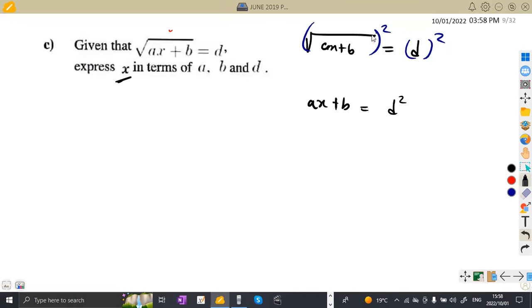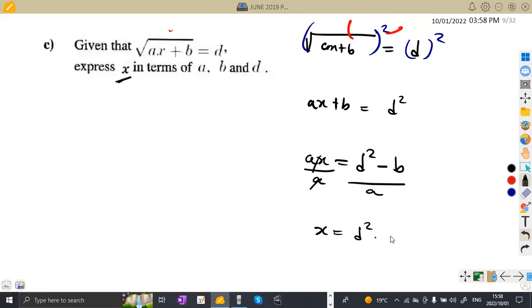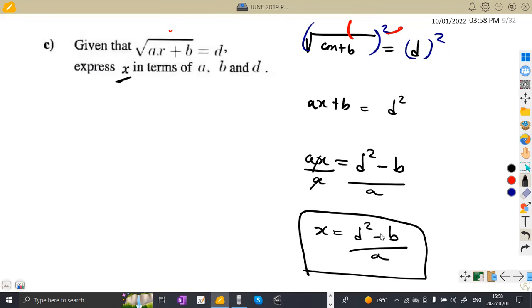So here we are neutralizing the square root and the square together. So from this part, ax is equal to d squared minus b by transposing the b to the other side. So to find x, we can divide by a both sides so that this can cancel. So x is going to be d squared minus b over a. So we've made x to be the subject of the formula, simple like that.